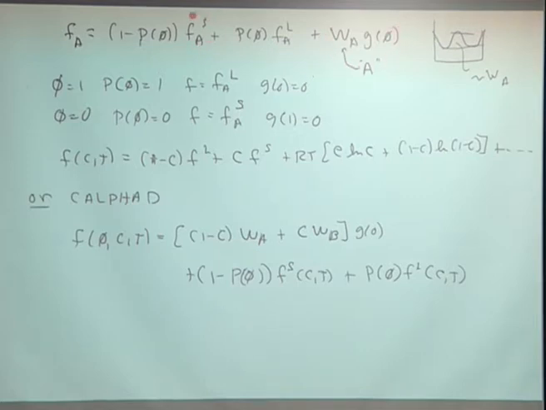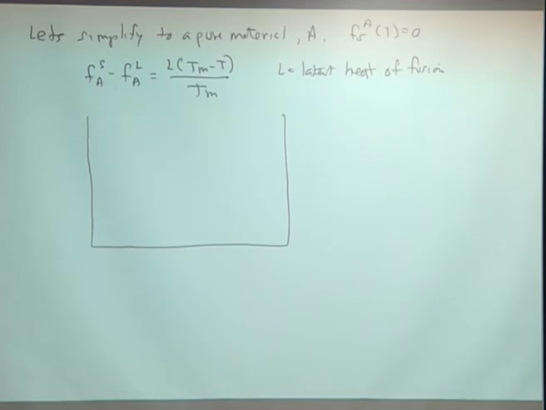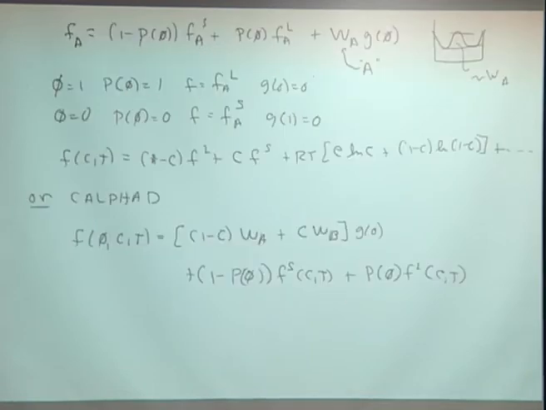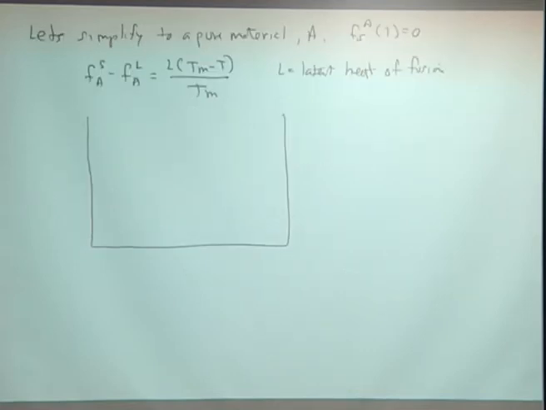Let's say we're looking in the solid phase. This p of phi would be 0. So you have this Fa solid, and this Fa solid minus the liquid is going to be given by this. And so you have this extra term that involves this parameter here.